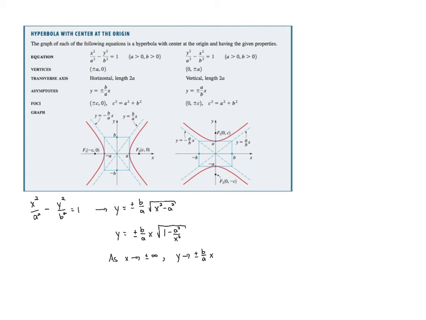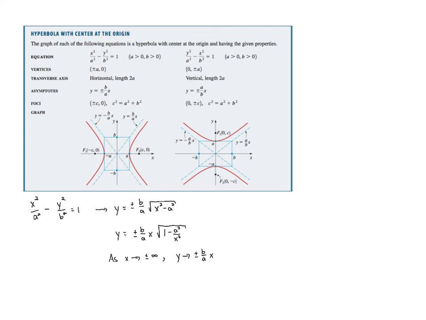And then on the other axis, we're going to plot the points b and negative b. And then we're going to draw a rectangle, which is called the central box, because it's in the center of the two branches of the hyperbola. And when we draw this central box, the asymptotes are going to go through the diagonals of that rectangle.